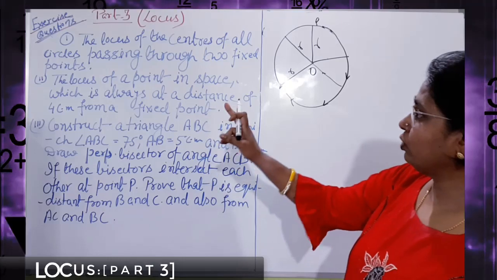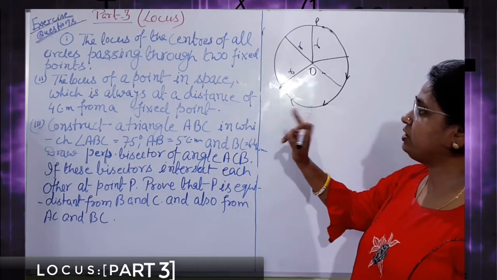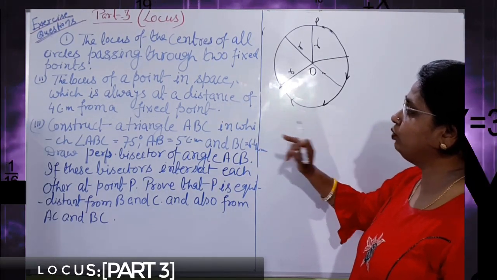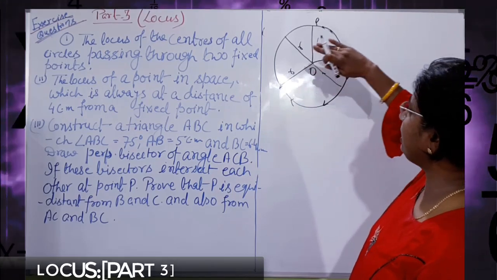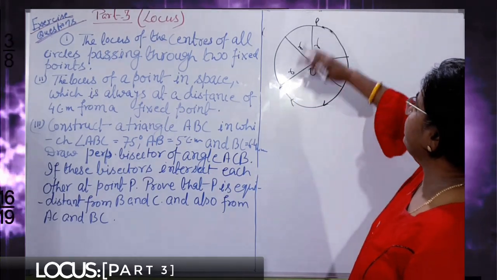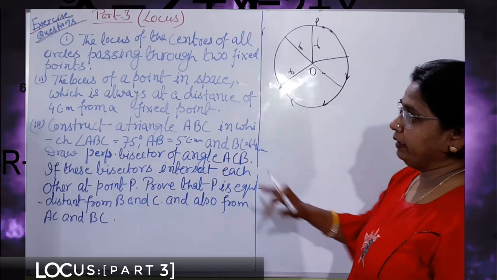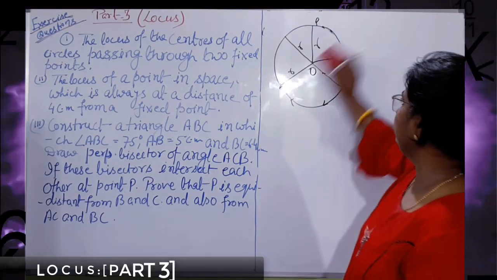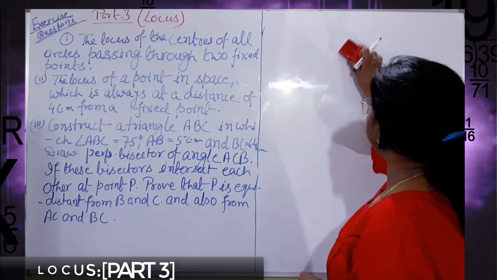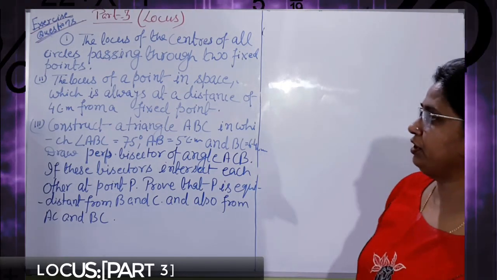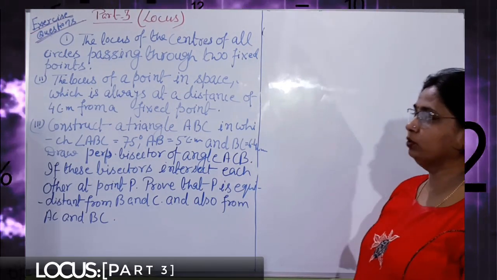Now the locus of a point in a space which is always at a distance of 4 centimeter, that means in 3-dimensional also it can be proved. And now third number is a very important question related with your construction and locus.